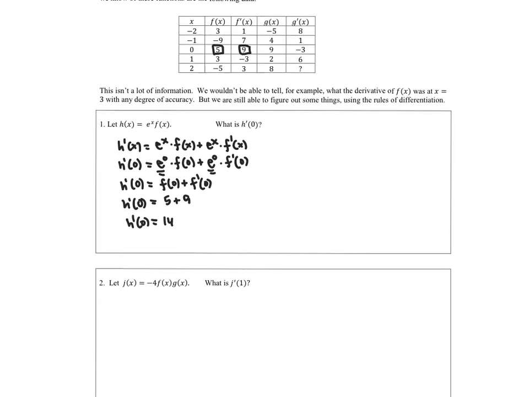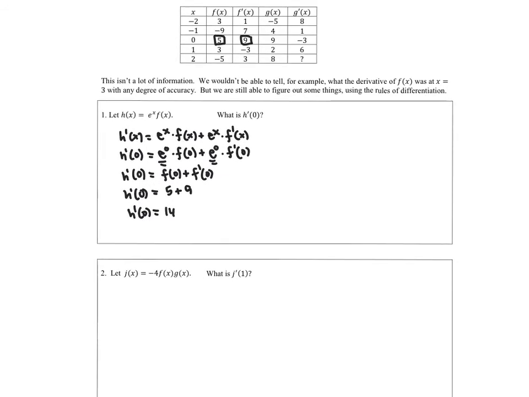So now I'm going to find j prime at 1. Okay, so to keep things simple here, I'm going to find the derivative of j of x, and I'm going to leave negative 4 kind of out of play right now. I'm going to use the product rule on the two inner functions. So that'd be f prime at x times g of x left alone, plus f of x times the derivative of g, or g prime of x.